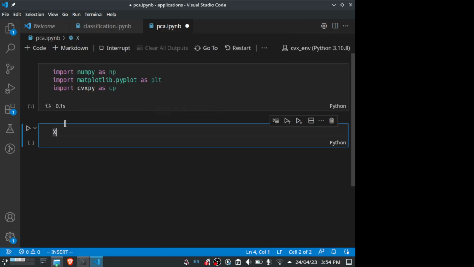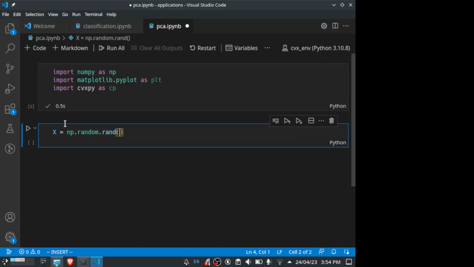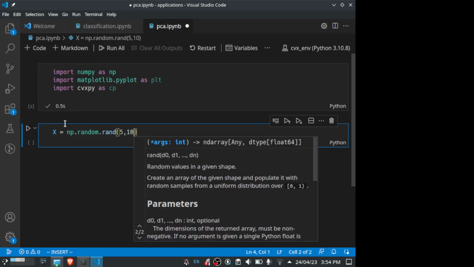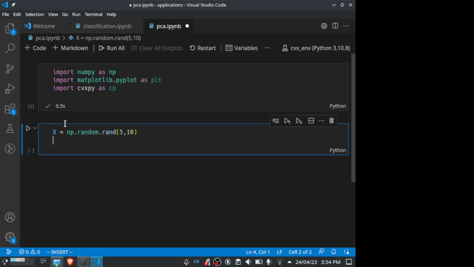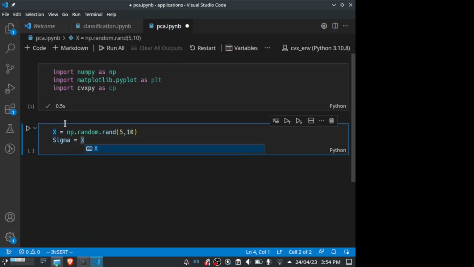So let's say that I generate a bunch of random points, 5, 10, and 8, X transpose. So this is my sample covariance matrix.